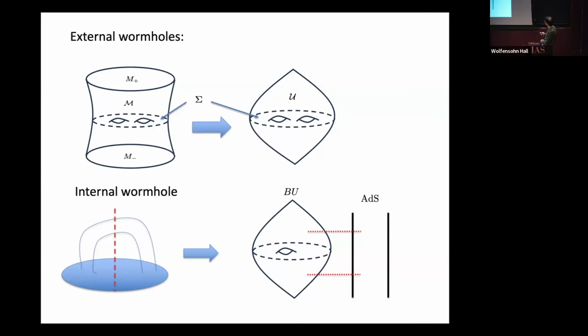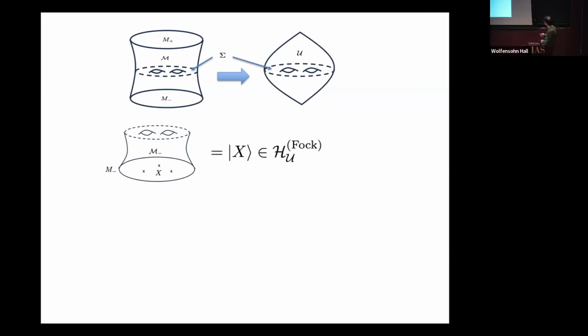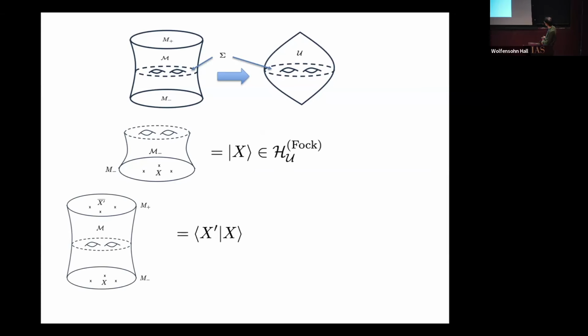So now let's first look at this type of closed universe. The standard path integral story is that if we consider the lower half of this Euclidean manifold and insert single trace operators there, which I collectively denote as the single trace configuration X, and then do the path integral, that defines a state in the Fock space of this closed universe, again on this slice. Then the full path integral, with insertions both in the past and in the future, gives you the overlap of such states.